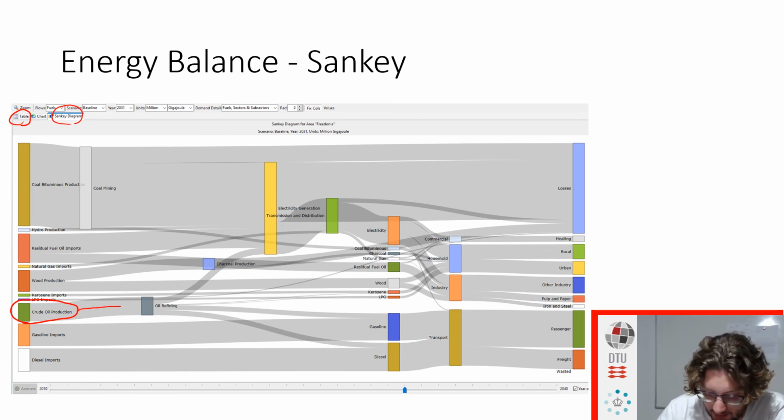That leads us into oil refining, where it splits up and goes into electricity generation, which is coke fuel, of course.